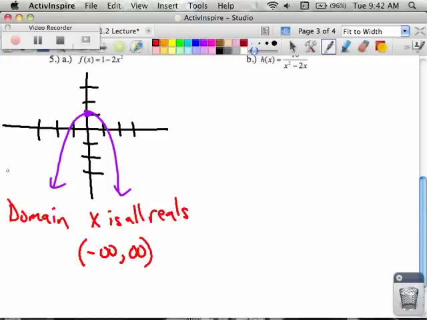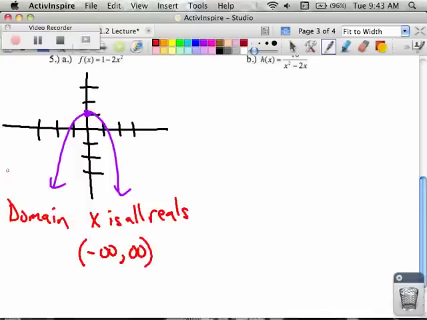Remember, you can never bracket infinity, but anything from negative infinity to positive infinity works. There are no issues. So domain means the x's. There are no problems shoving in any x. You can do whatever you want to.